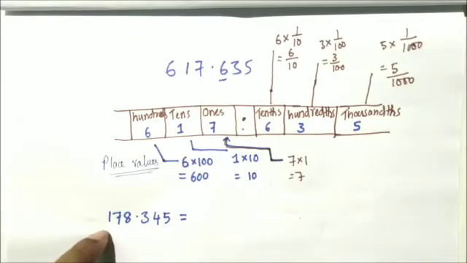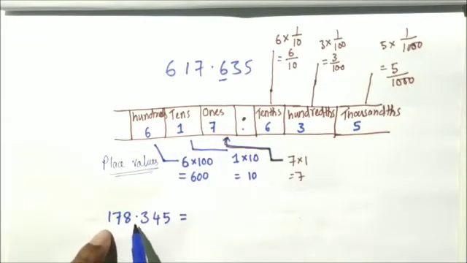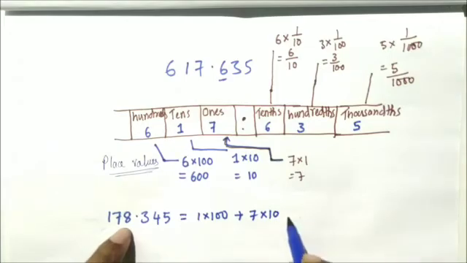Just before that, you just remember this place value system. This is point, so it is the place of ones, tens, 100. So 1 is placed at the 100th place. So definitely the place value of 1 will be 1 into 100 plus. The 7 is placed at the tens place. So the place value of this 7 is 7 into 10 plus. 8 is placed at the ones place. So 8 into 1. Right?